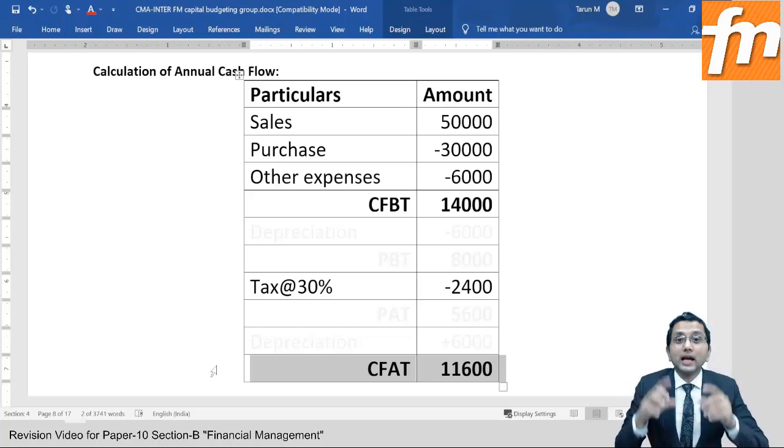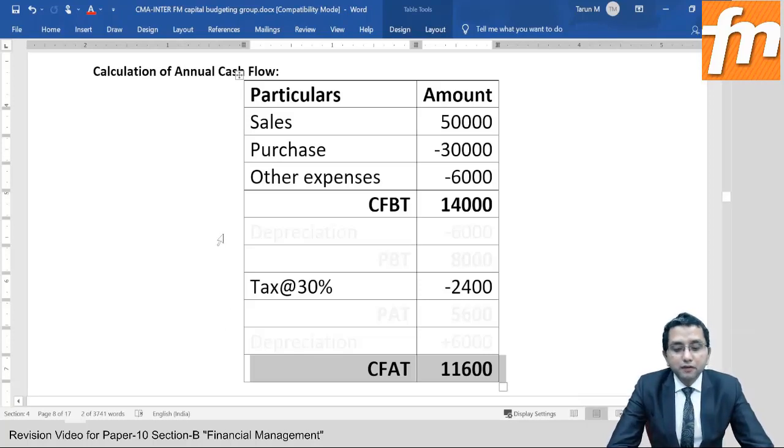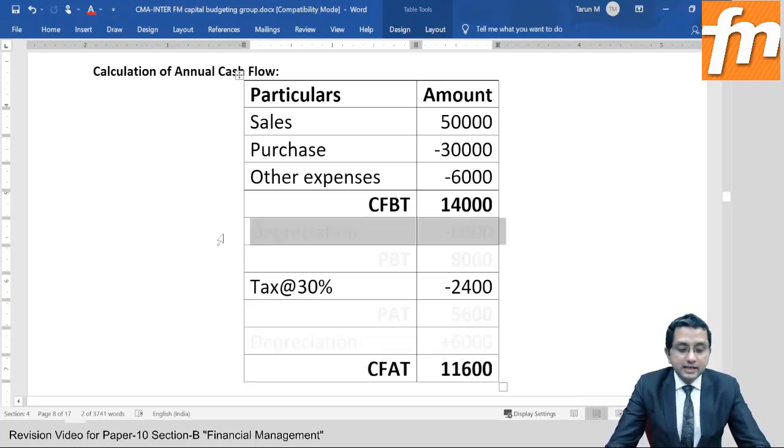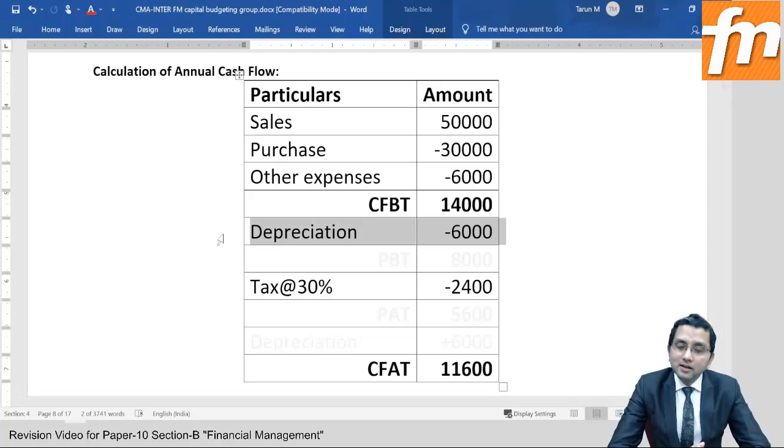You are supposed to calculate income tax yourself. And you already know that for the purpose of income tax, depreciation is a deductible expenditure. So my cash profit was 14,000, I agree. But my non-cash expense is 6,000.